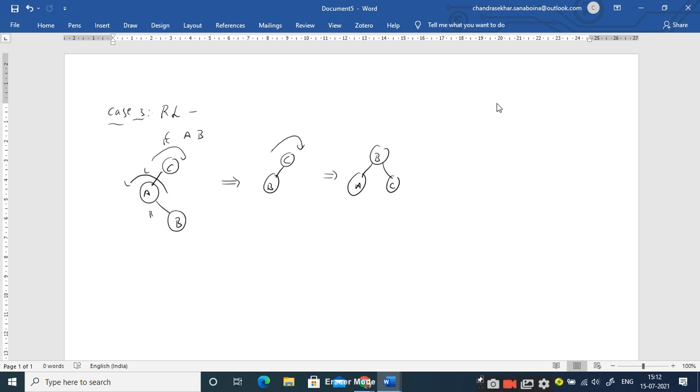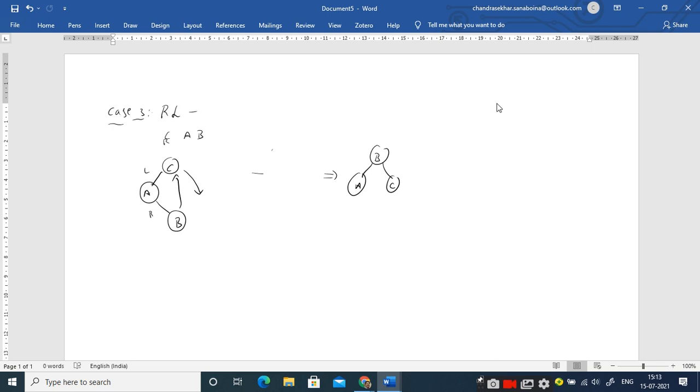So there is a shortcut for this particular double rotation also. If we have this type of RL imbalance, you place this B as the root node, make this A the left child, and move this C towards its right child.